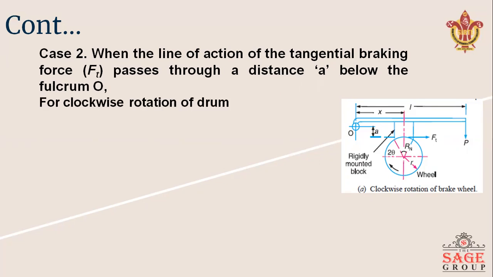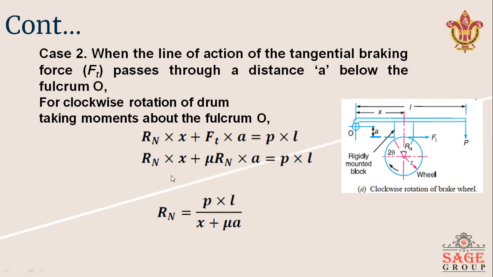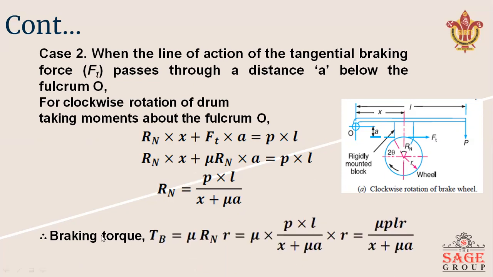By this moment equation we get the value of Rn, and we substitute it in the formula of braking torque, Tb equals mu Rn into R. So we have the value of braking torque.